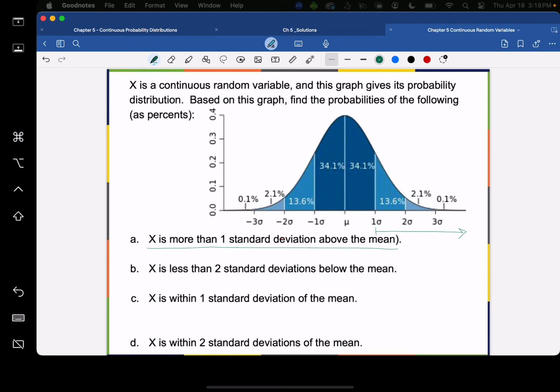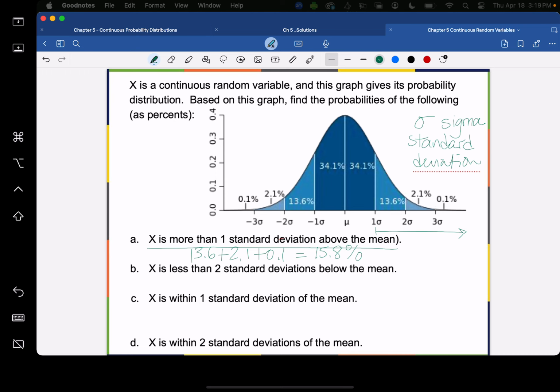Oh, and also let me point out that sigma, this is the lowercase sigma Greek letter, and that represents standard deviation. So the probability that x is more than one standard deviation above the mean, I'm going to take 13.6 plus 2.1 plus 0.1. Let's see, that's going to be 15.7, so 15.8%.